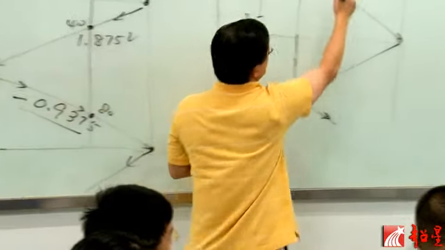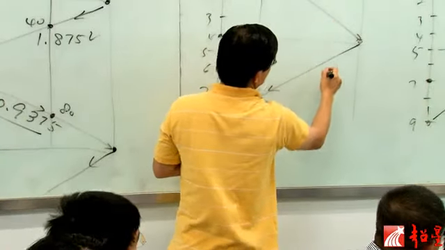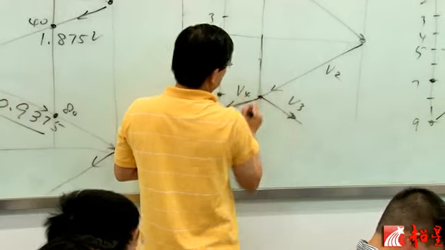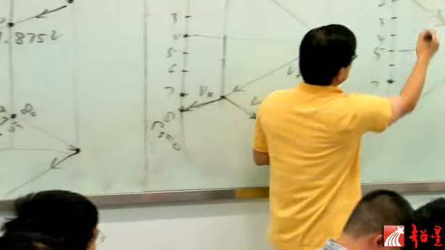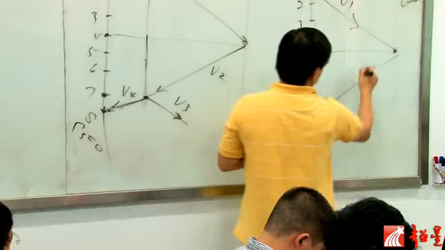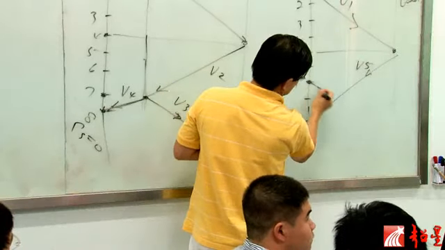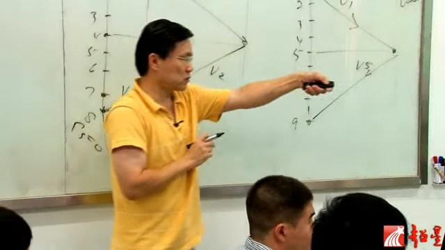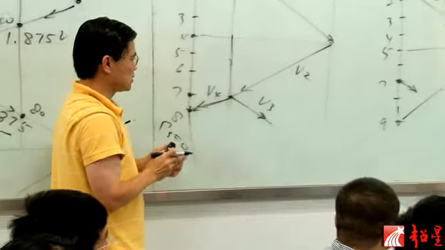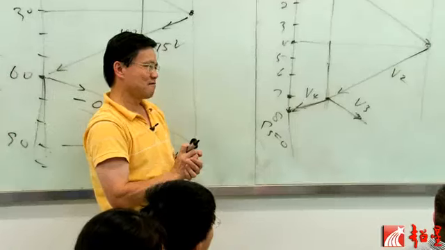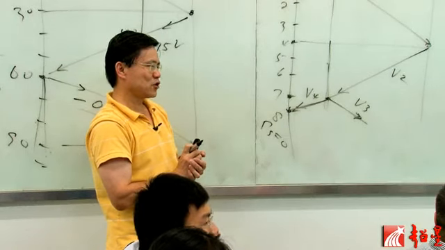Let's use V1, V2, V3, V4. So this is V1, right? This is V5. There's a voltage here that's going to launch into the bottom transmission line. Which voltage is it? V3. Are you sure it's V3?